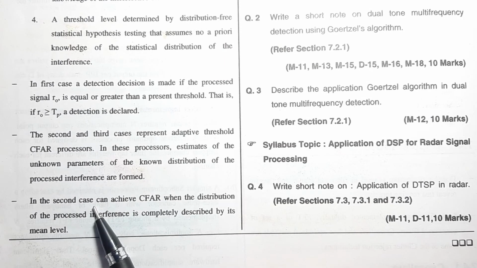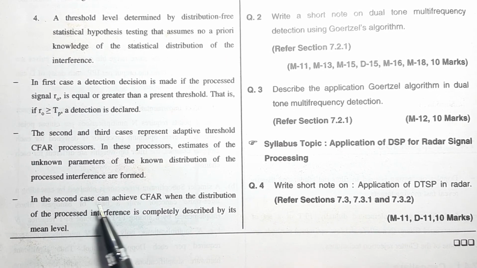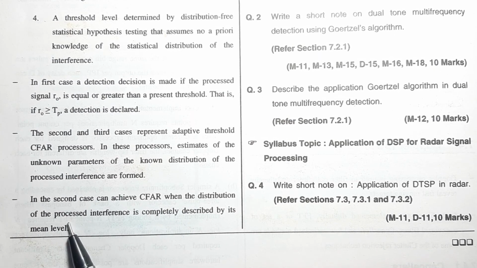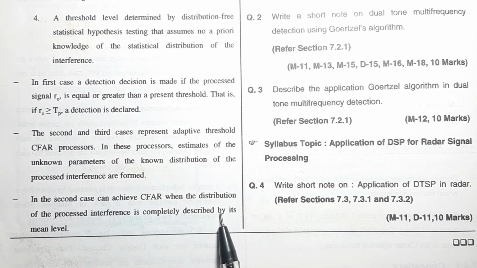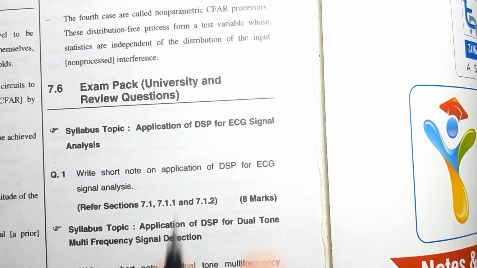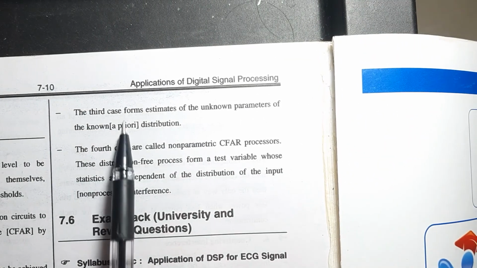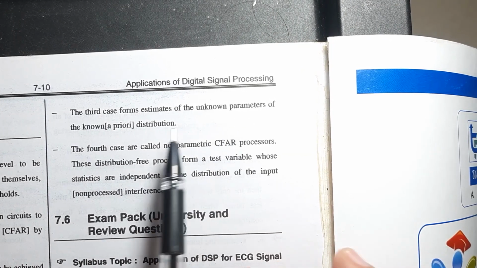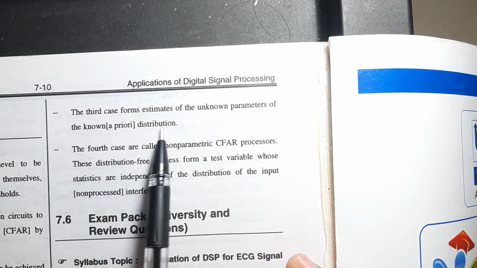Then, in the second case, we can achieve a CFAR when the distribution of the processed interference is completely described by its mean level or the average level. The third case forms the estimates of the unknown parameters of the a priori distribution.